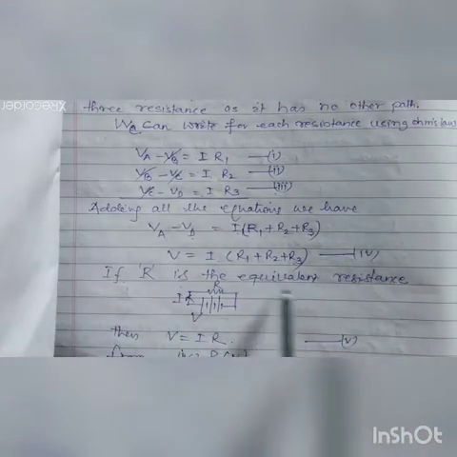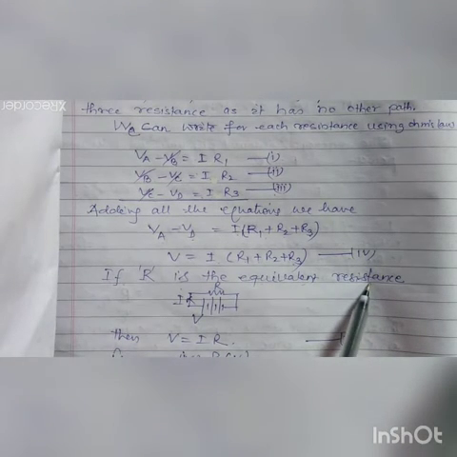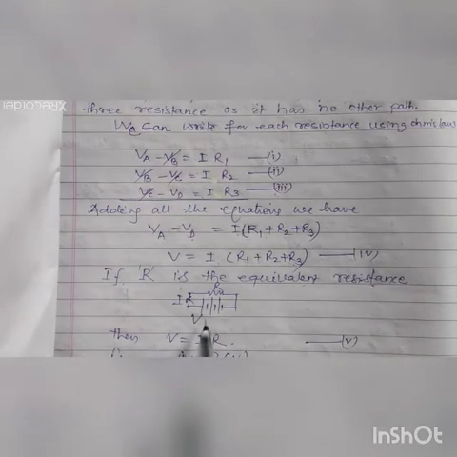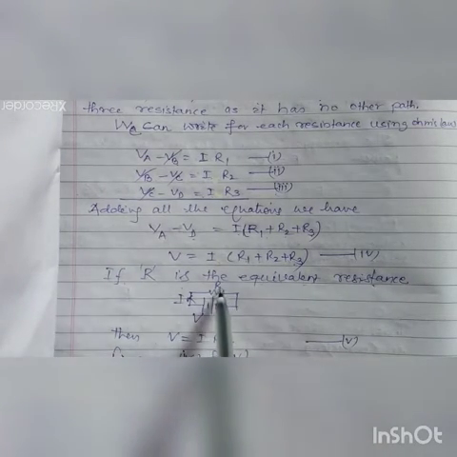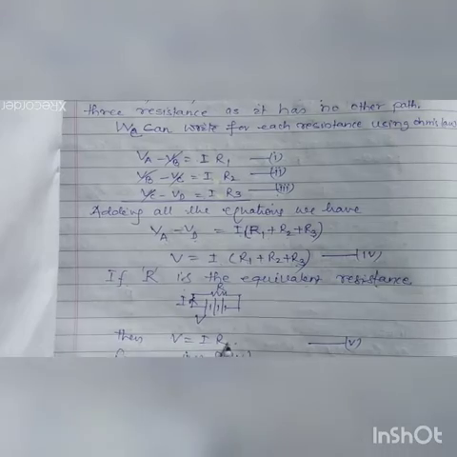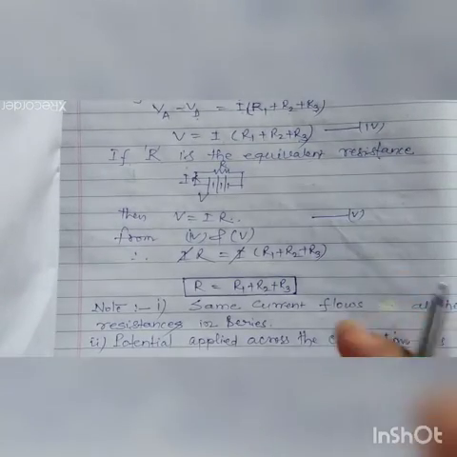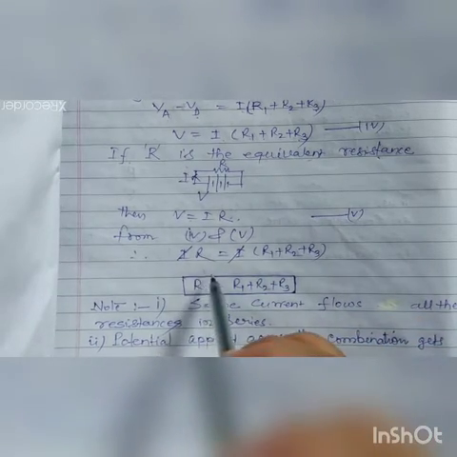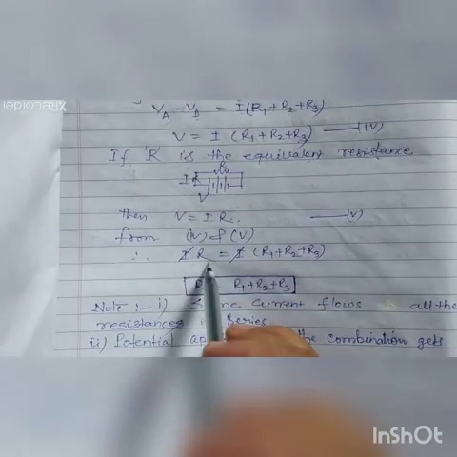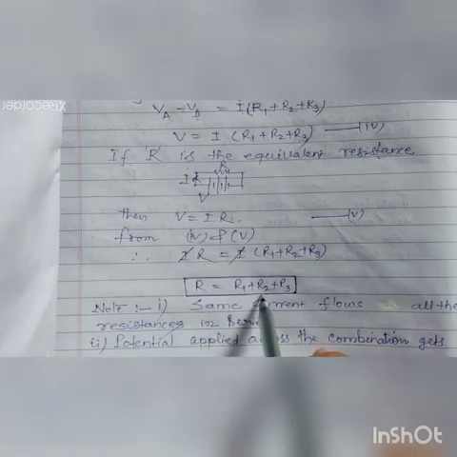If R is the equivalent resistance, meaning the single resistance which replaces all the resistances in the network and draws the same current from the battery as drawn by the combination, then it is connected to the battery of V volts and will draw the same current I. So using Ohm's law we can write V is equal to I into R. Using the above equations, we get R is equal to R1 plus R2 plus R3.